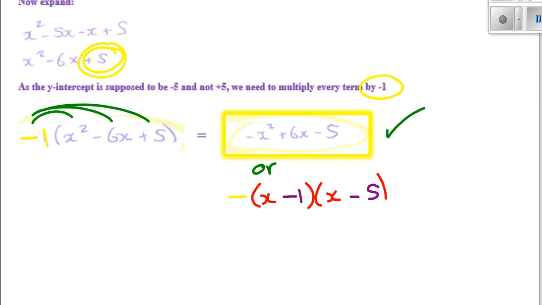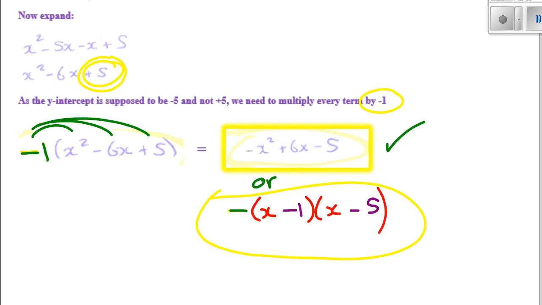Just make sure you've got the negative out the front. That's where this one came from. It's okay if you write -1 here, but you don't need the 1, so just put a negative there. Both of those answers are correct. I'd say the most clearly simplified one is that one there, because you've done a bit of expanding as well.